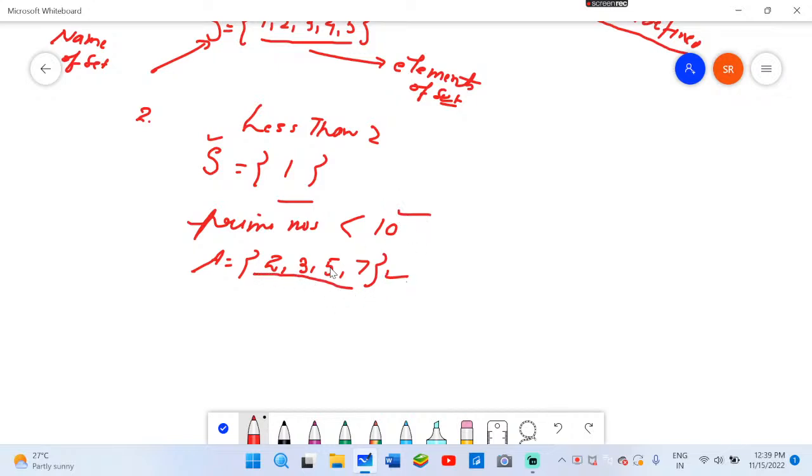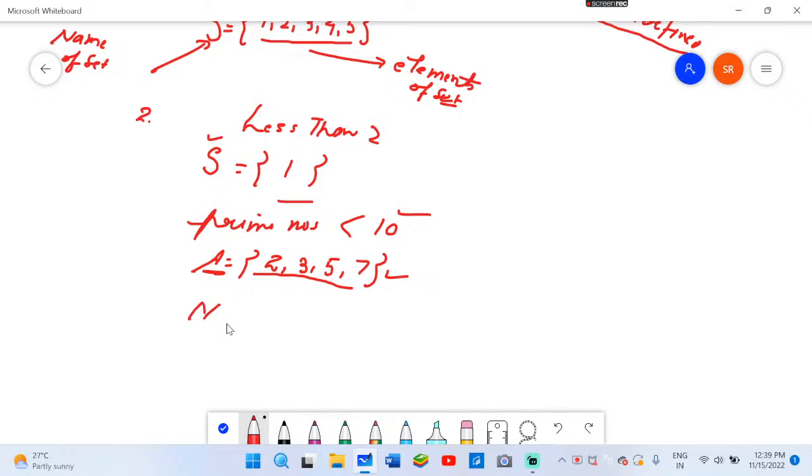This becomes set A. It contains 4 elements. More examples we can write, like set of natural numbers.